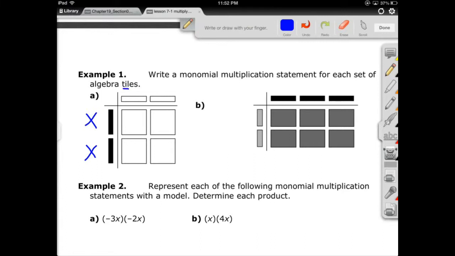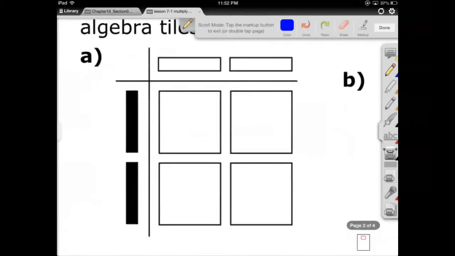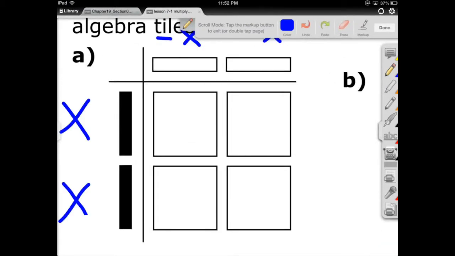These up here are considered to be negative. So let me just go along this edge. See the length of this edge? That's the same as the length of this edge.